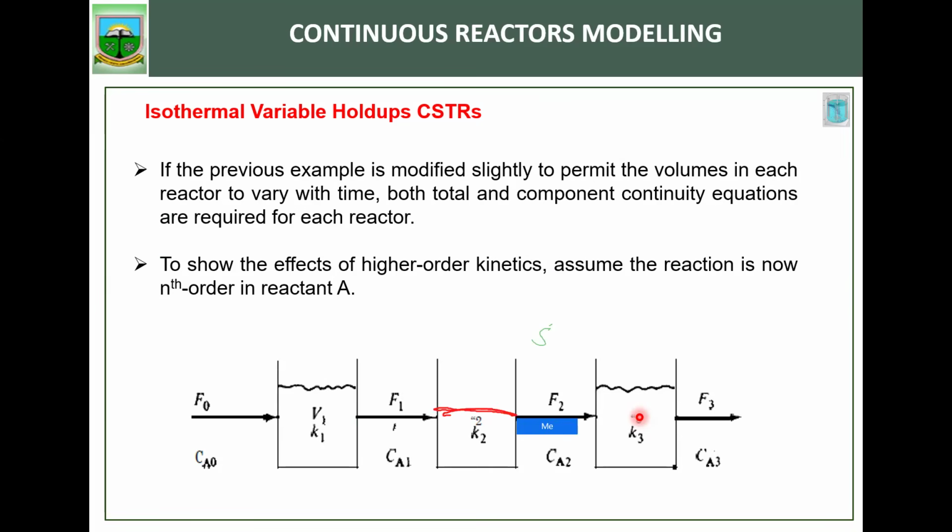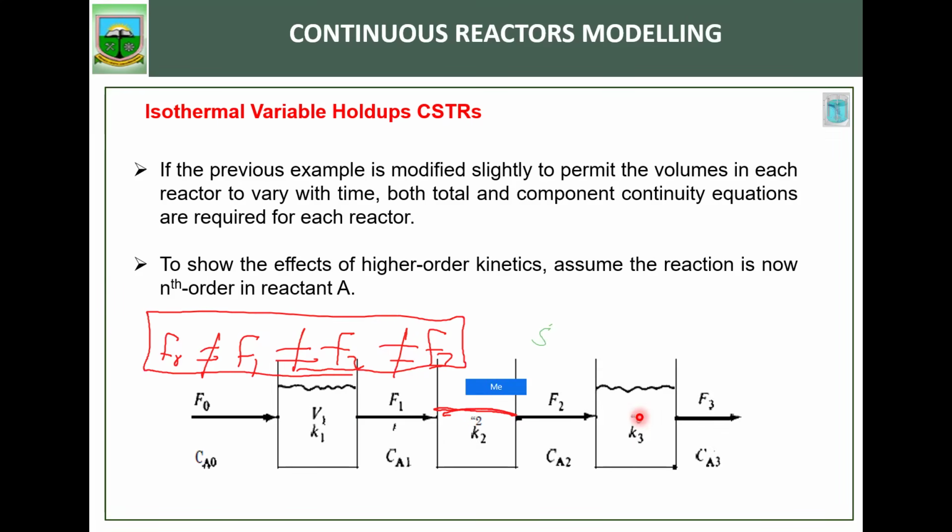So it tells us that F0 is not equal to F1, which is not equal to F2, which is not equal to F3. They are all different. Because they are different, we have to write the continuity equation for each reactor. Before this, we need to write the total one.